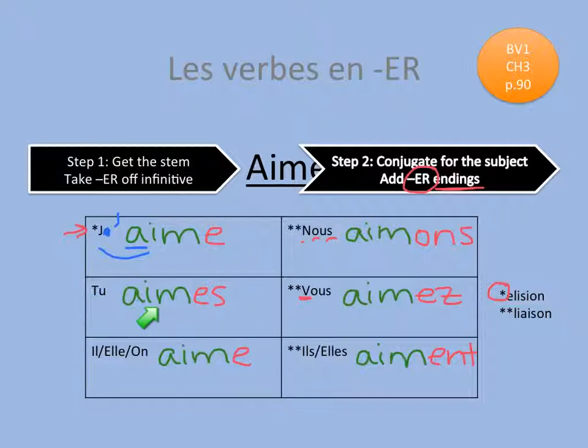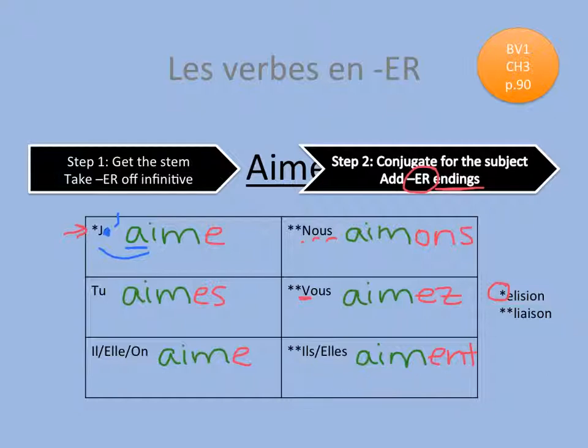Tu aimes. Il aime, elle aime. On aime. Nous aimons. Vous aimez. Ils aiment. Elles aiment.